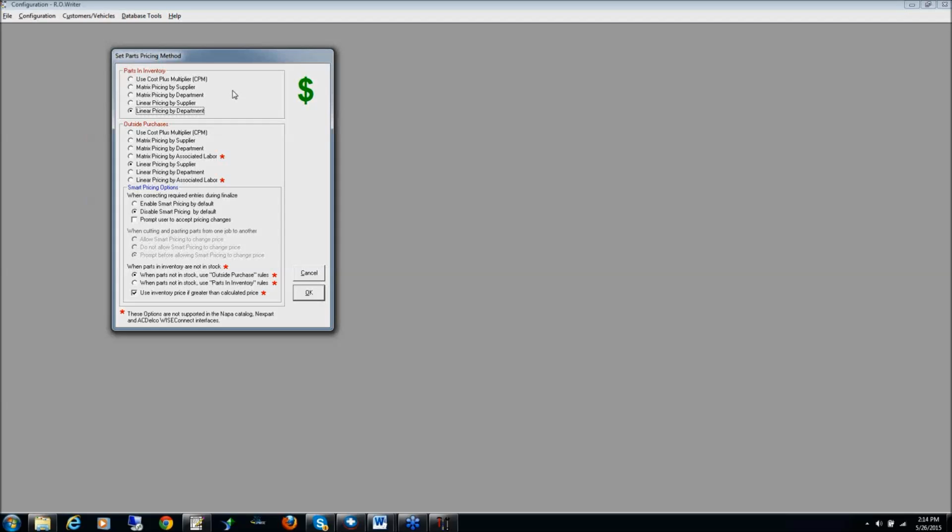Now a cost plus multiplier is very good at what it does because it just does some very simple math. With a cost plus multiplier, I'll establish, let's use 3 times as my delta to be my cost plus multiplier for all of my parts. In this case, I've got it for my inventory items. So if it's a 50-cent part, a $5 part, a $50 part, or a $500 part, we're just going to mark them all up 3 times.